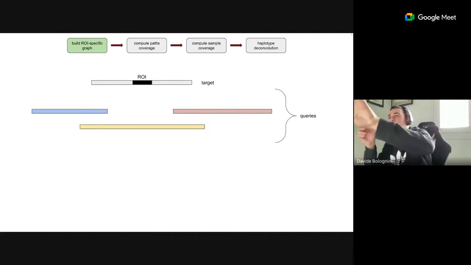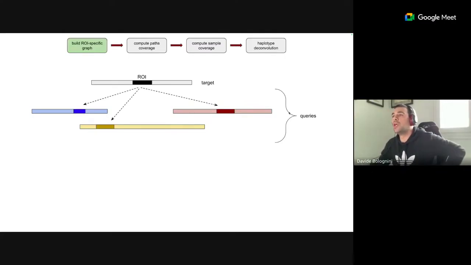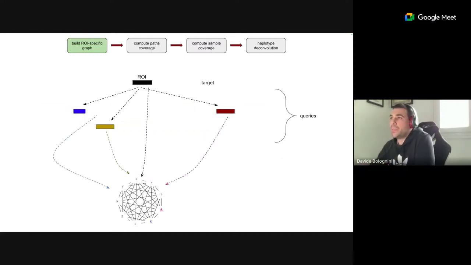So we have the queries aligned to the target. We know the coordinates of the region of interest in the target, for instance, a certain region of GRCh38. We can use the implicit pangenome graph model and the COI trees to project the region of interest from the target into the queries. Once we have the coordinates of the region of interest on all the other assemblies, we can just pick these regions from the assemblies and use them to build a variation graph.